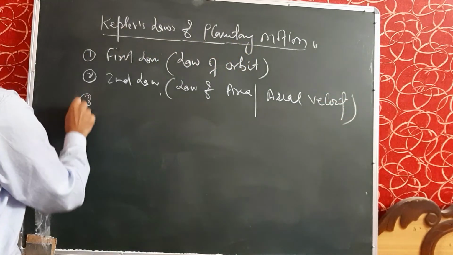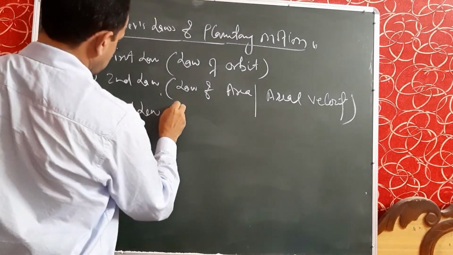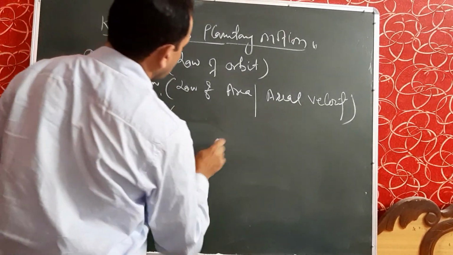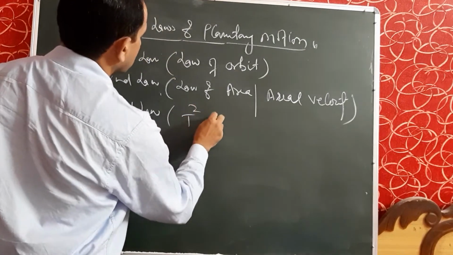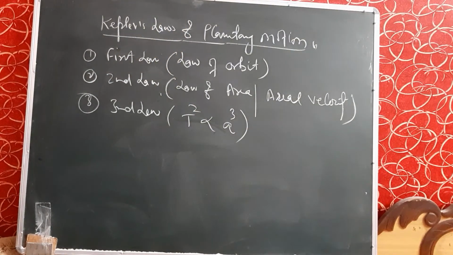And the third one, what is the third Kepler law? It is the law T square proportional to a cube. It is totally mathematical. So there are 3 laws of planetary motion described by Kepler.